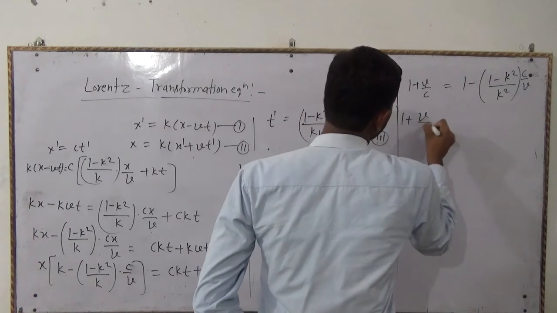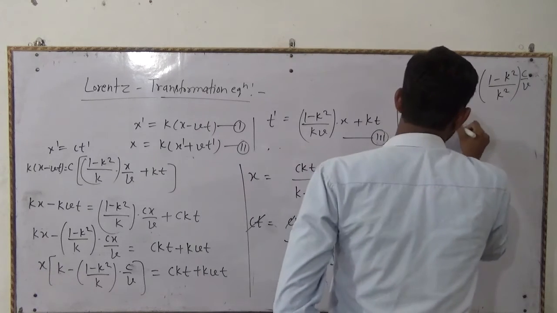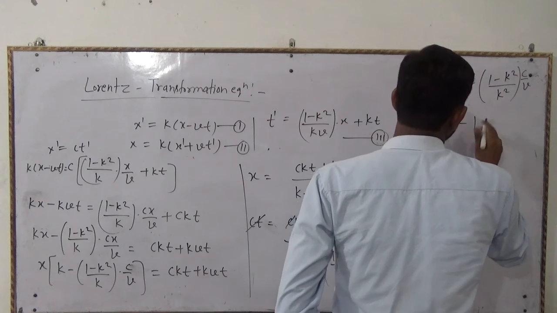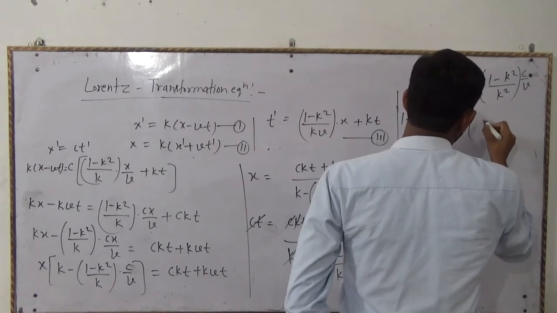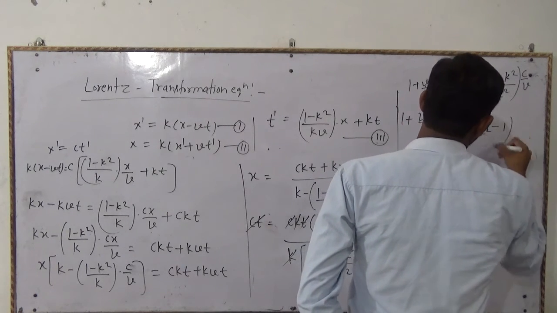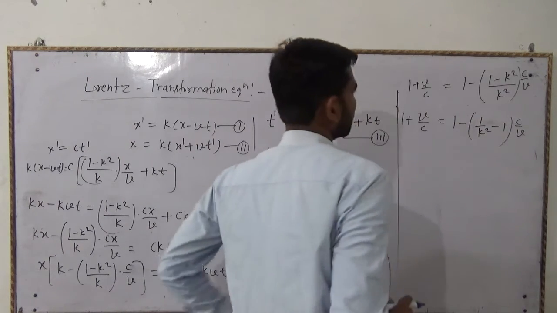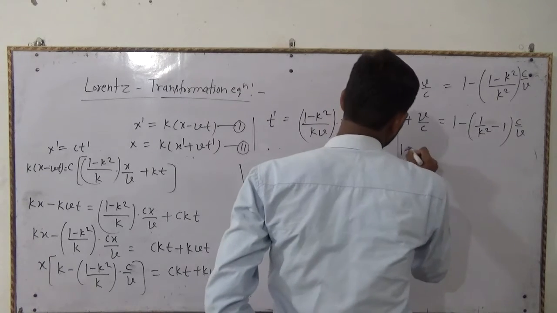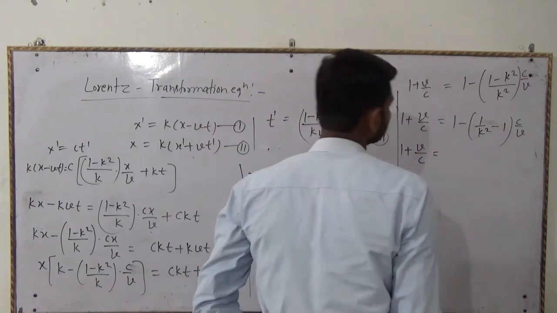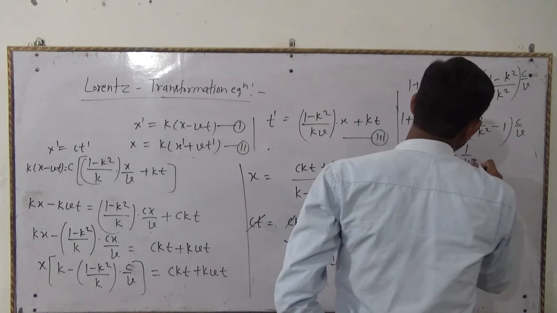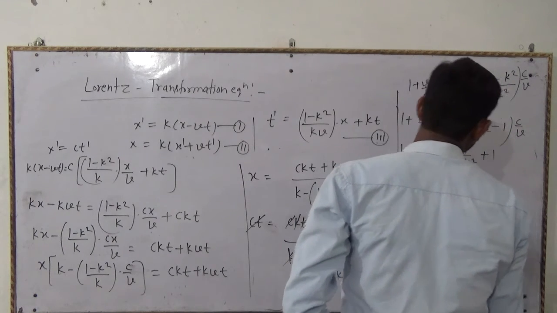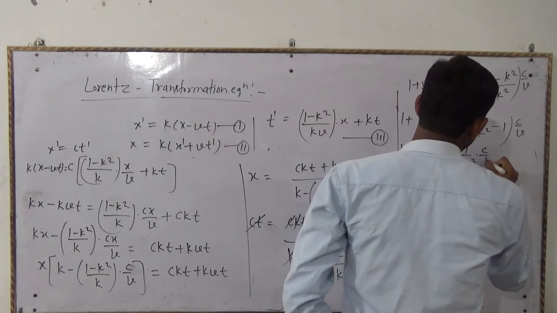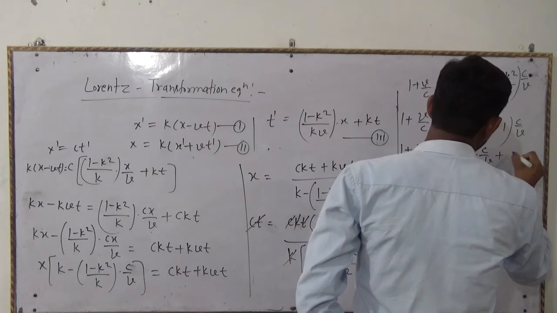Now 1 plus v by c is equal to, we can write it as 1 by k square minus k square by k square. So 1 plus v by c is equal to 1 minus 1 by k square plus 1, and here into c by v it will be also, and plus c by v.